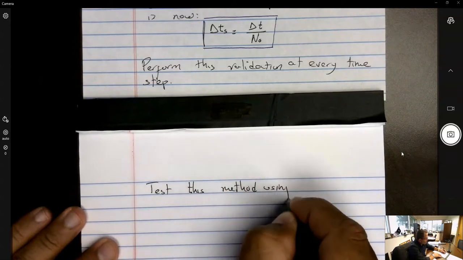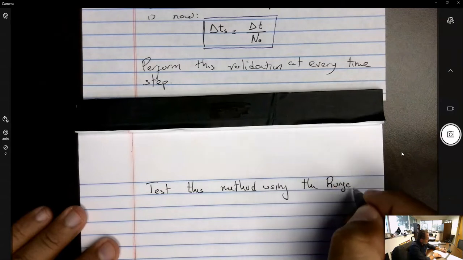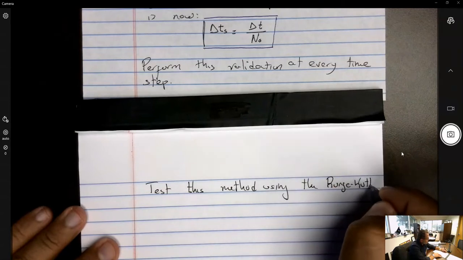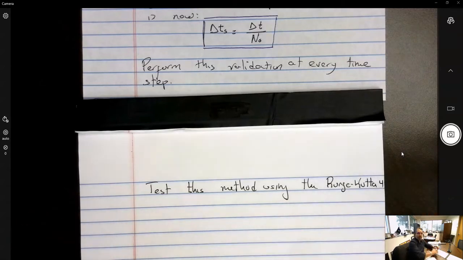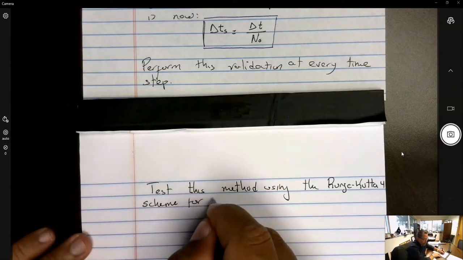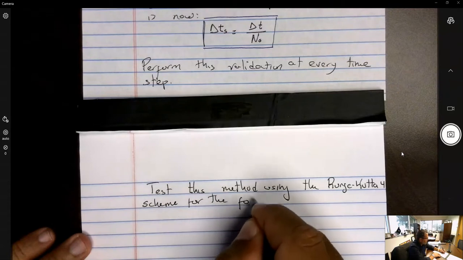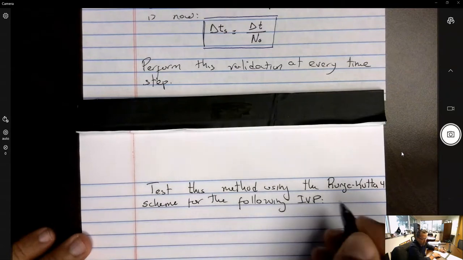using the RungeKutta 4, let's just call it 4, because we formulated the 4th order of RungeKutta. There's RungeKutta that are higher order than 4, but we're going to use a RungeKutta 4 scheme for the following initial value problem.